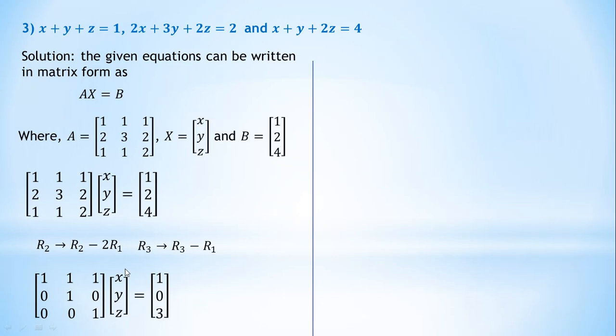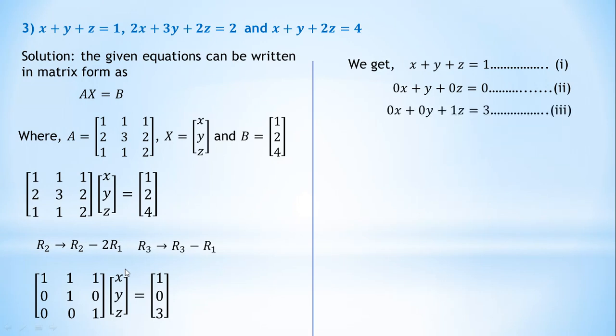So if you convert this into the regular form of equations, then we get the first equation as x plus y plus z is equal to 1. Then observe the second equation, it is 0x plus y plus 0z is equal to 0. Okay, and the third equation is 0x plus 0y plus 1 into z is equal to 3.